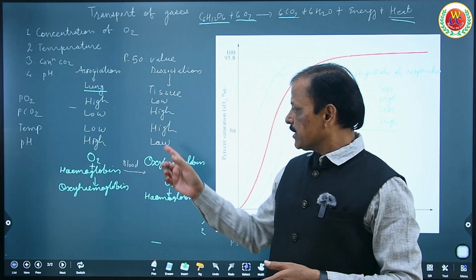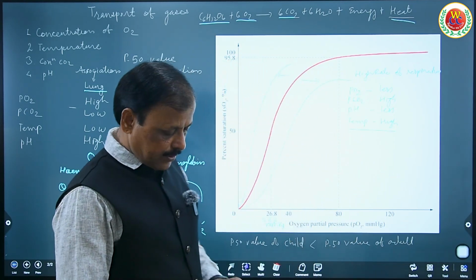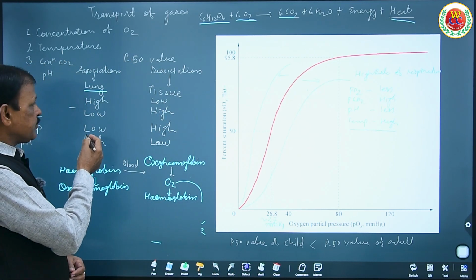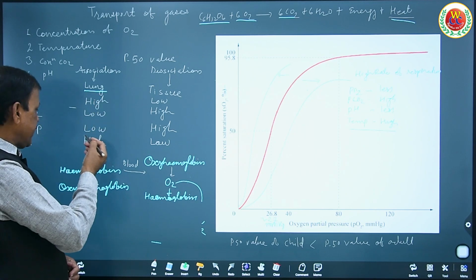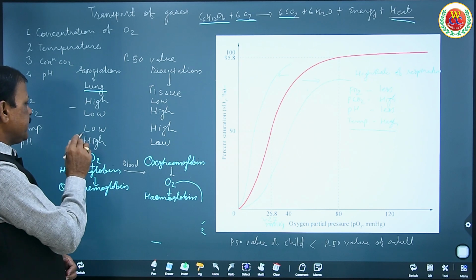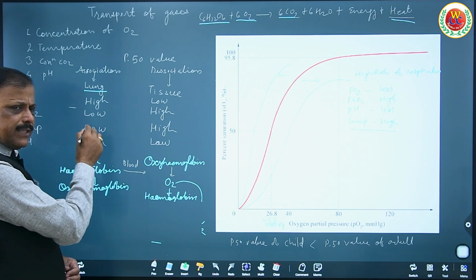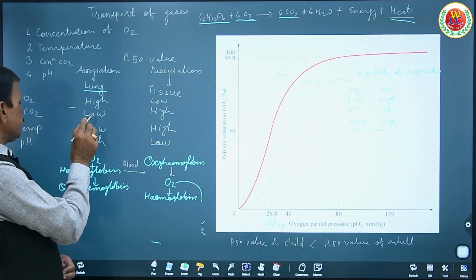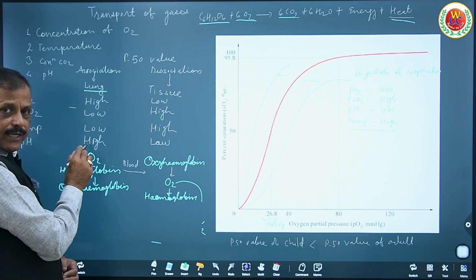In NEET, a question can be asked: the following conditions are correct for the association of oxygen. They may be given in groups. When there are groups A, B, C, D, in 3 groups they will give you one thing wrong, but the correct one will have this: PO2 high, PCO2 low, temperature low, pH high.